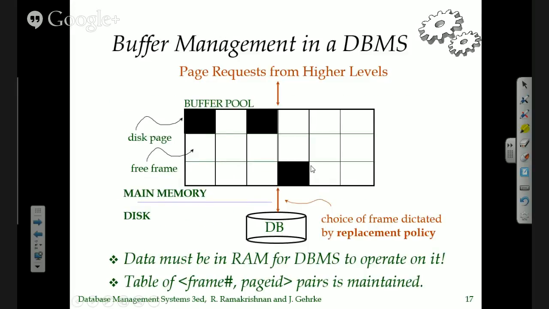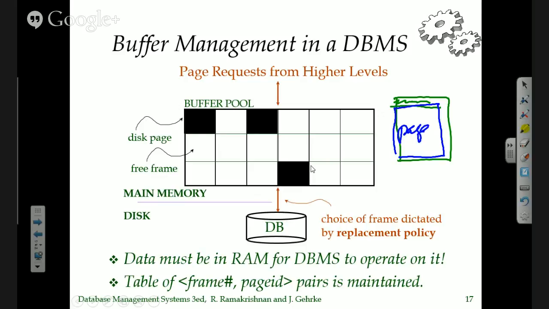So the buffer manager is essentially a part of the memory, or most of the memory, that's organized into what's called frames. And the frame is roughly some small overhead, some bookkeeping stuff, and then it's just the disk page. That's a frame.